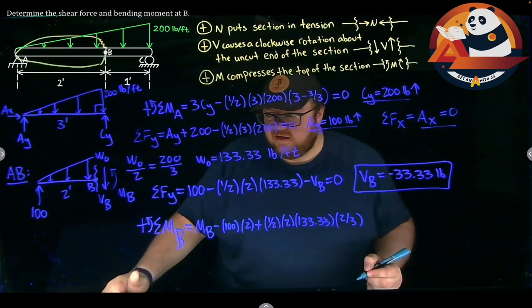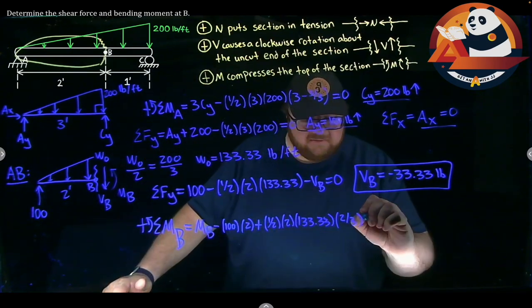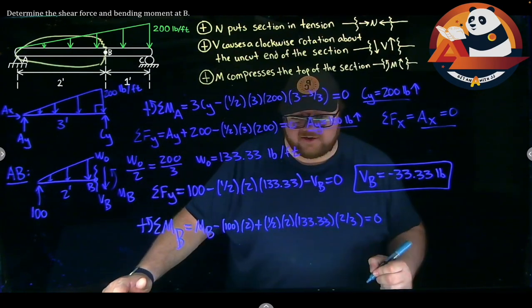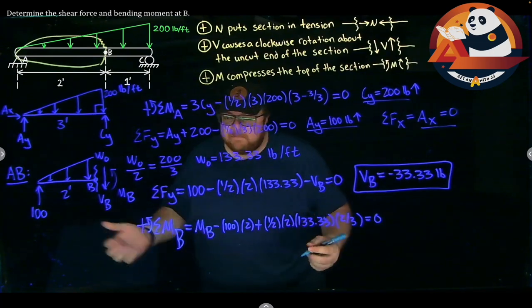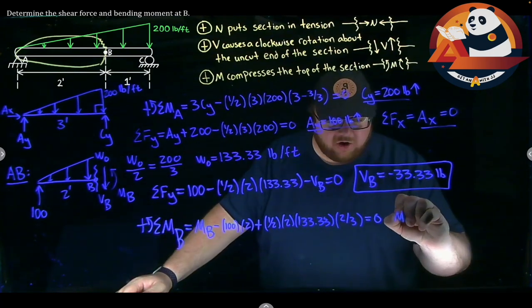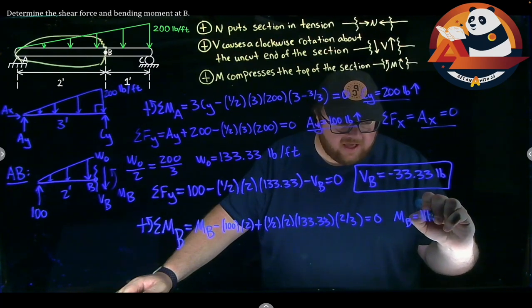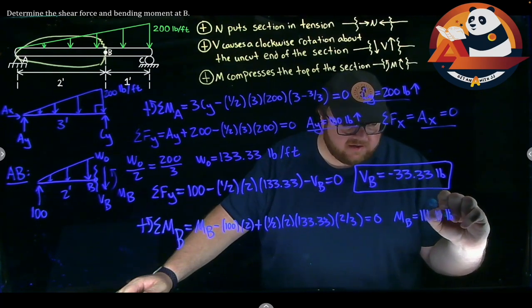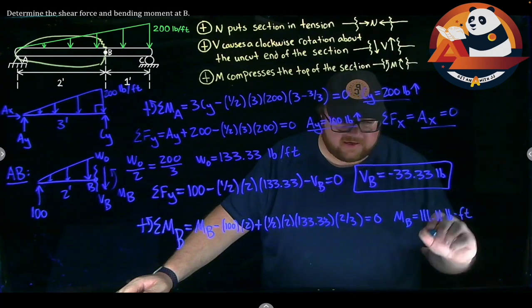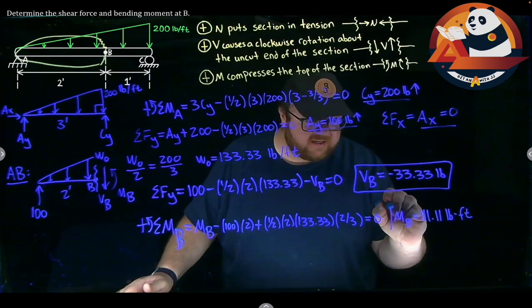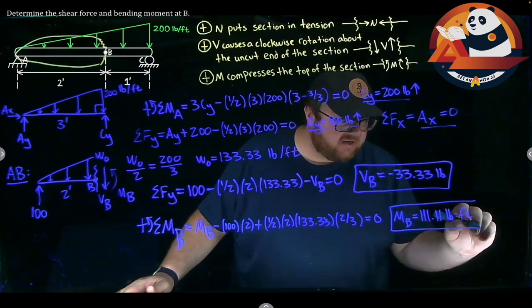And then finally, that's everything causing moment. We can set this equal to 0. Which, if we solve for our moment, I'm going to get that the moment at point B is 111.11 pound-feet. Again, a very different answer than what we got when we used the single equivalent force.